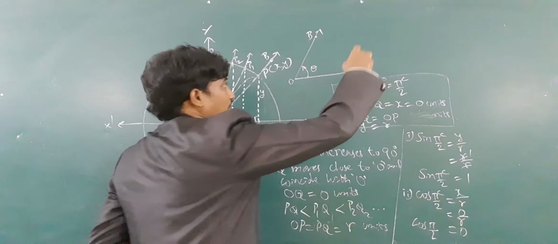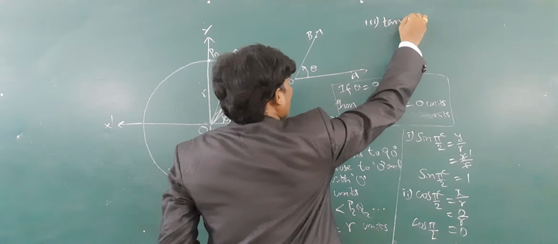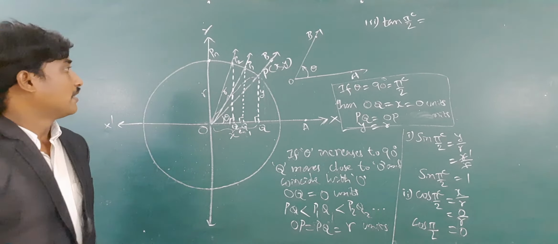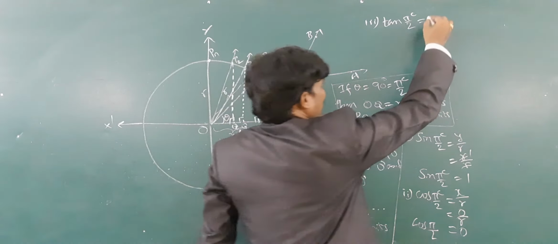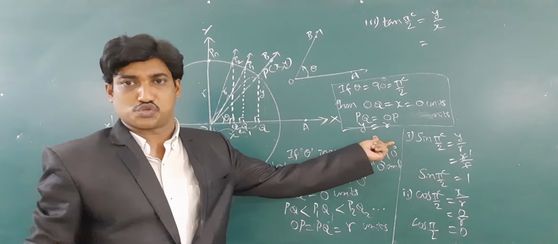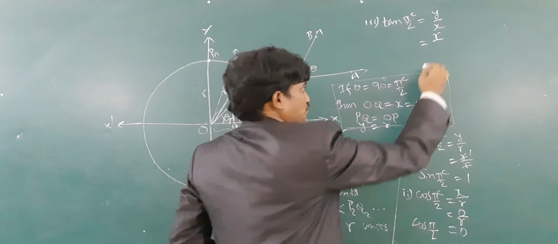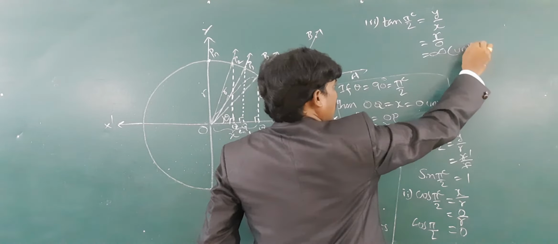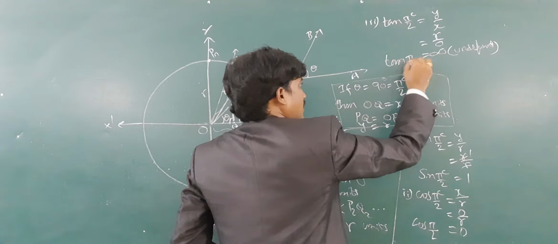Next, tan pi by 2 radian is y coordinate by x coordinate, that is y by x. Here y equals r and x equals 0, so r by 0 is undefined. So tan pi by 2 radian is undefined.